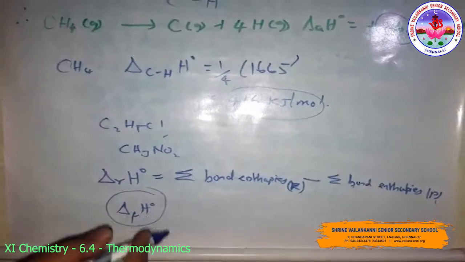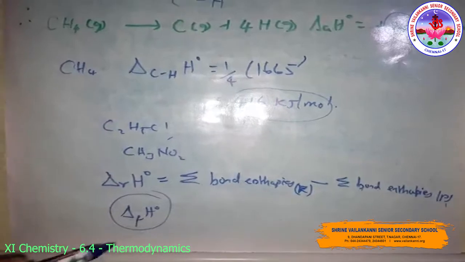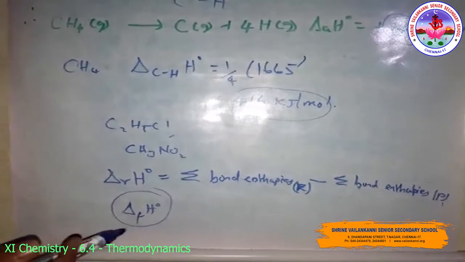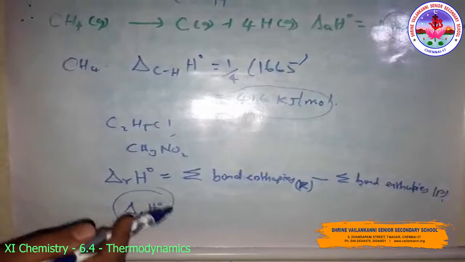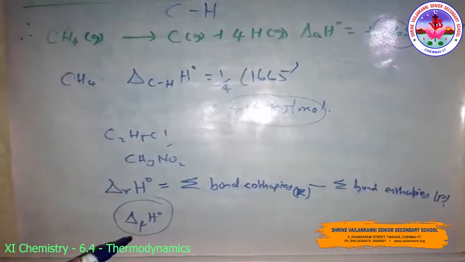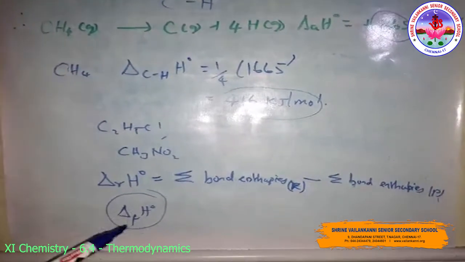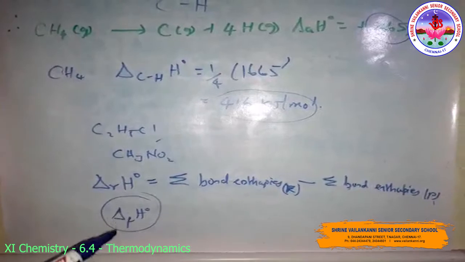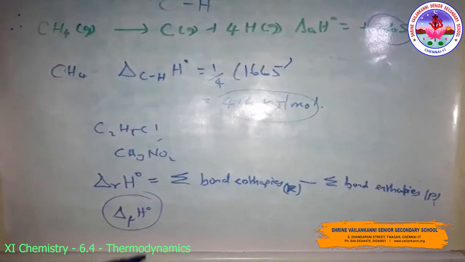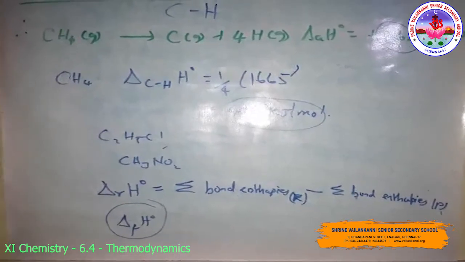So the net enthalpy change of the reaction is the amount of energy required to break all the bonds in the reactant molecules minus the amount of energy required to break all the bonds in the product molecules. This relationship is approximate and valid when all substances, that is reactants and products, in the reaction are in the gaseous state only.